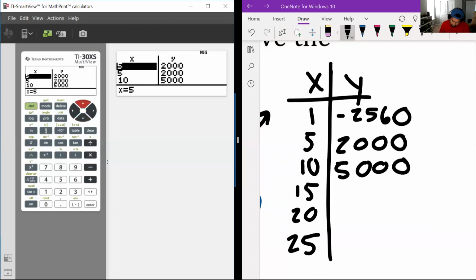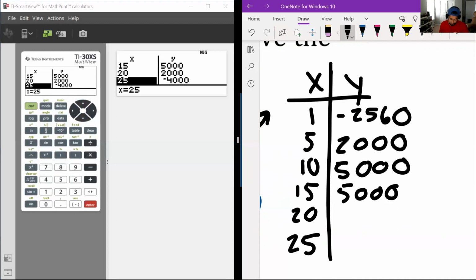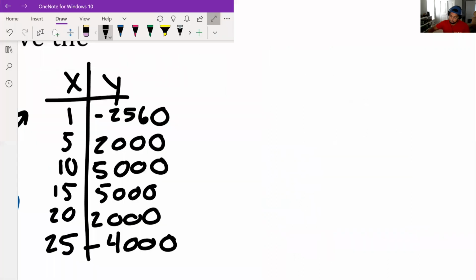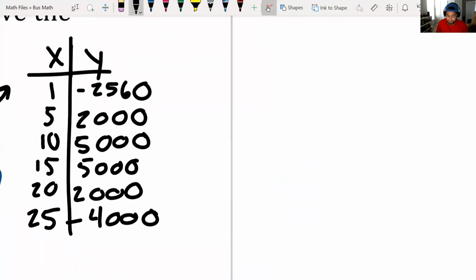And then 15, 20, 25. 15 is 5,000 as well. 20 is 2,000. And 25 is negative 4,000. Oh, all right. Go calculator.